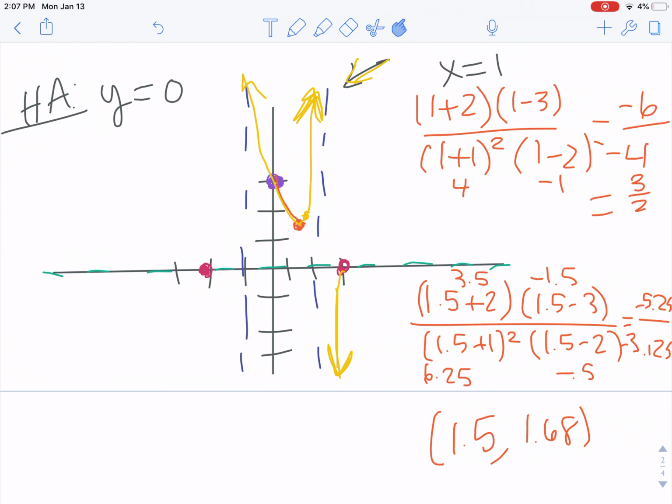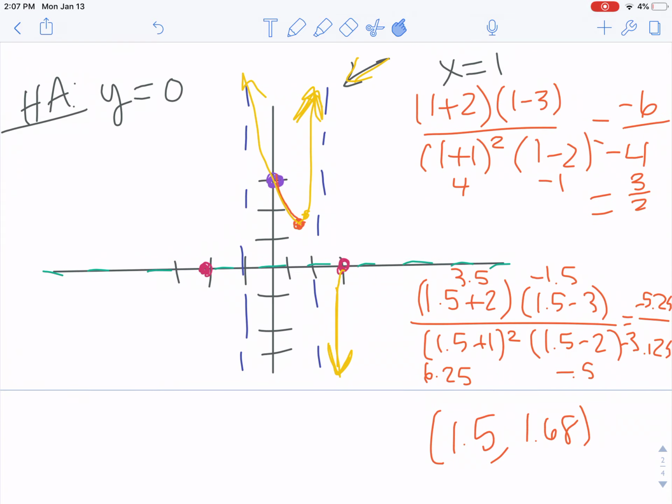But as I cross it, I'm going to go out to infinity, okay? And as it crosses, and we can't tell by the way I drew this, it's probably going to start heading closer back down to y equals 0.